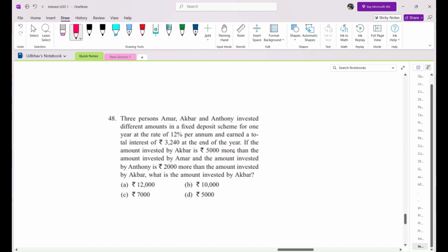Three persons, Amar, Akbar and Anthony, invested different amounts in a fixed deposit scheme for 1 year at the rate of 12% and earned a total interest of 3240. The rate is 12%, time is 1 year.